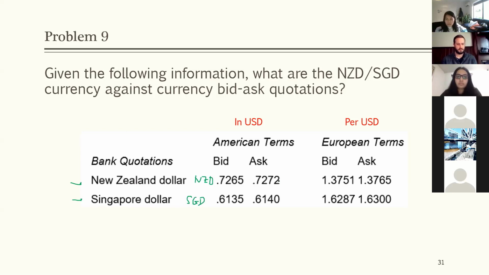The question asks us to compute the bid and ask quote for the New Zealand over Singaporean dollar exchange rate based on the information here. So I need a bid rate and an ask rate. We have done this before, so can we spend about 2 minutes on this exercise and let me know the answer?